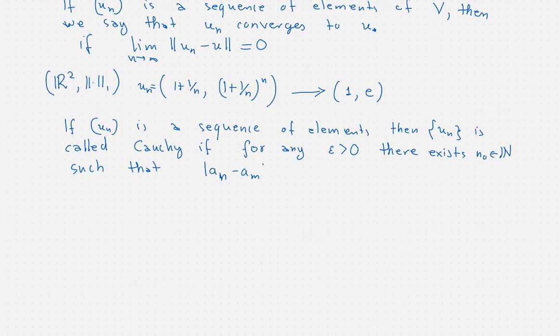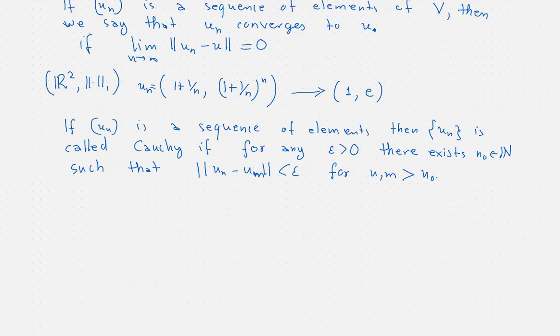So ||u_n - u_m|| is less than epsilon for n, m greater than n_0. Okay, so in other words, this is a sequence of vectors that seeks to converge. It's a sequence for which the norms of the differences u_n - u_m tend to 0.